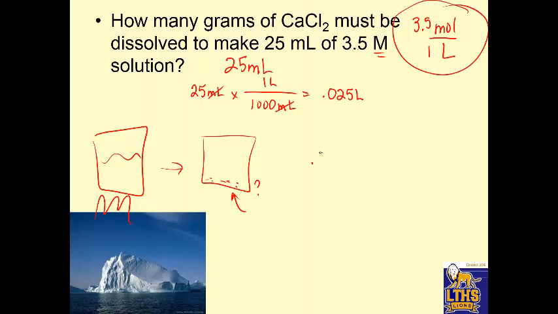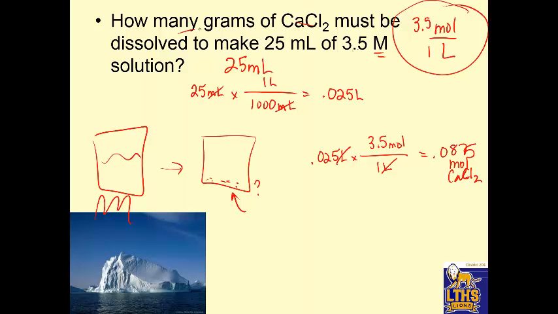So I take my 0.025 liters times 1 liter is 3.5 moles. Look what happens. This is calcium chloride, right? So liters cancel liters. 0.025 times 3.5 gives me 0.0875. And that's moles of CaCl2.